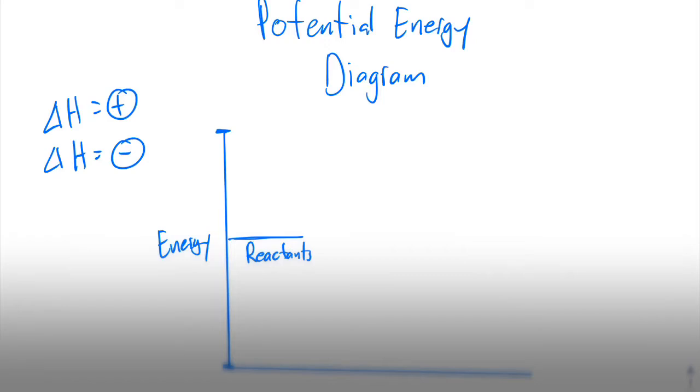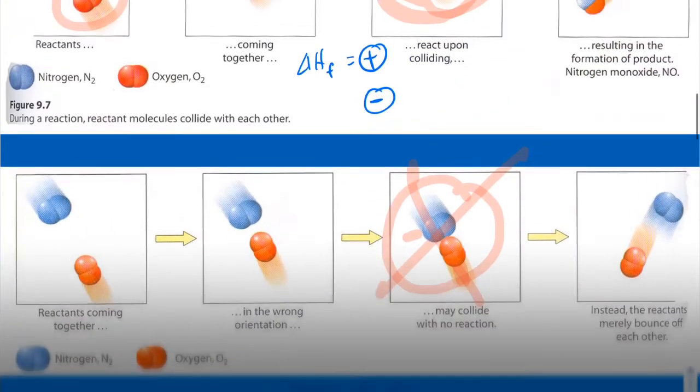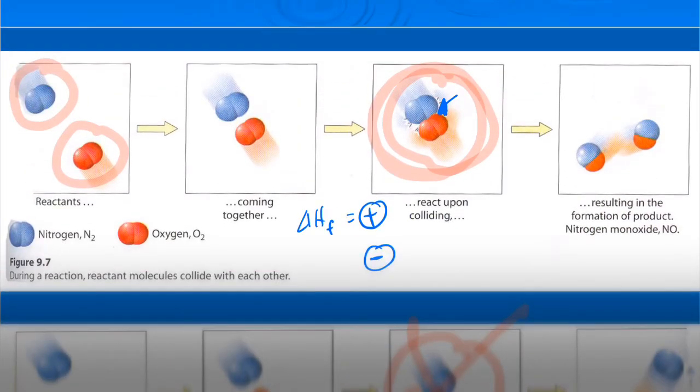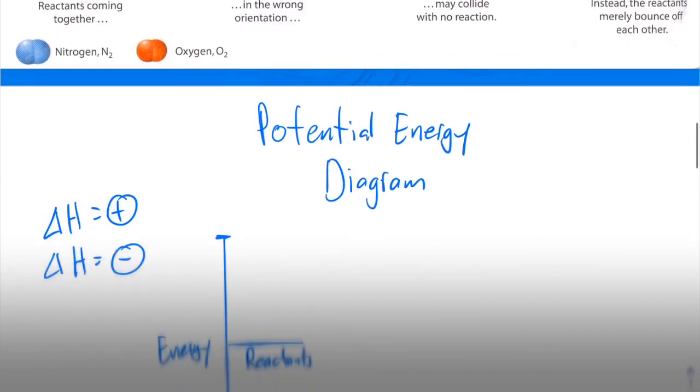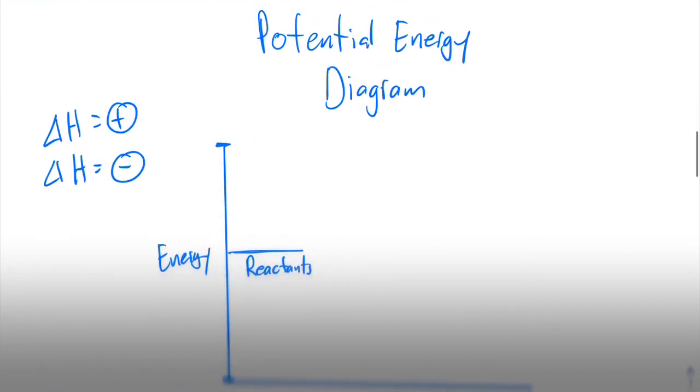Now, in order for a chemical reaction to occur, remember if we look back here, we have to have these molecules collide with one another. There has to be some input of energy. If it's unstable, it just needs to be a little bit of energy. Maybe it needs a lot of energy. But this is like if you're going to start a fire, you need a spark for that chemical reaction to proceed. So that spark is that collision, that input of energy.